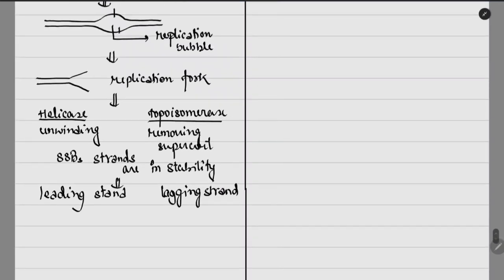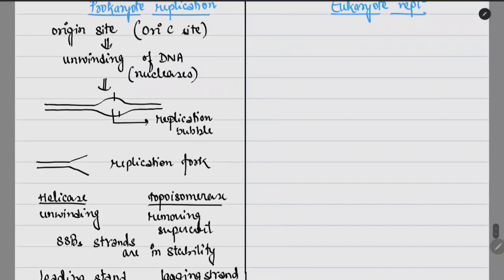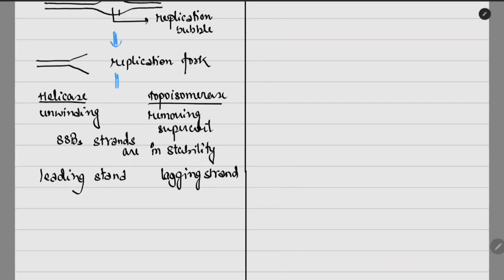Okay, I should use another color here because it will be easier for you to judge these points. Now, the leading strand and the lagging strand.